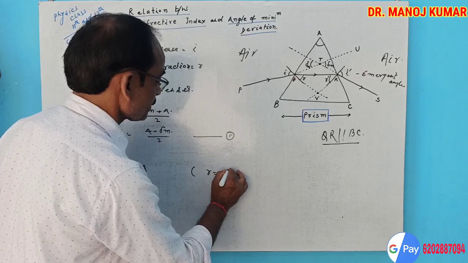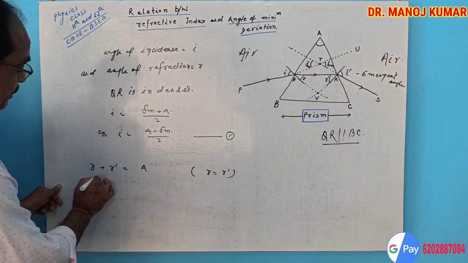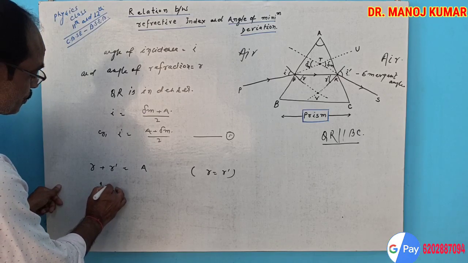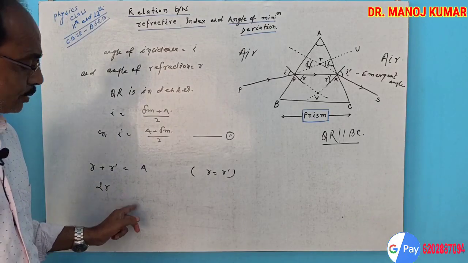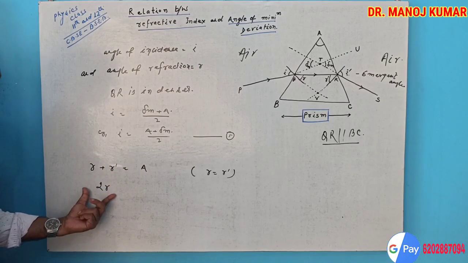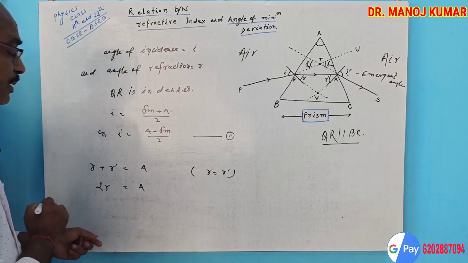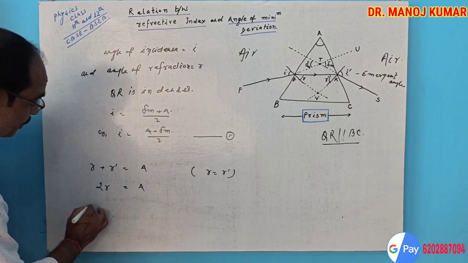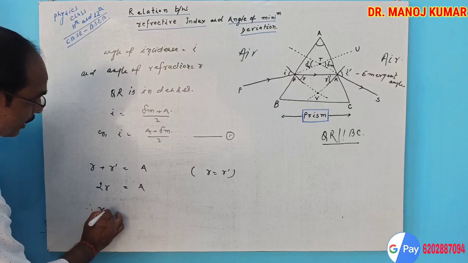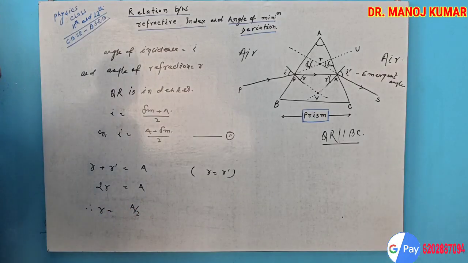I have r equal to r dash, so this may be written as 2r. यहाँ 2r इन दोनों के सम है तो बराबर a होगा, therefore r equal to a by 2.